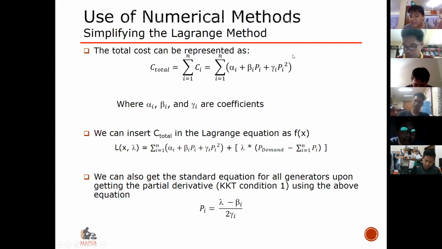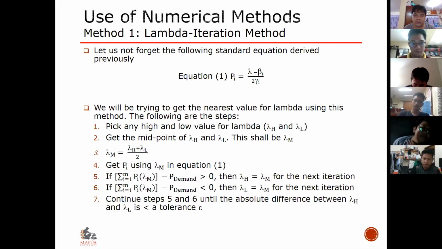Eventually, when you simplify that, this will be your equation for all generators. So let's not forget that Pi equals lambda minus beta i over 2 gamma i.